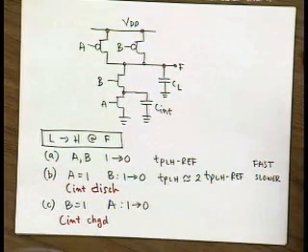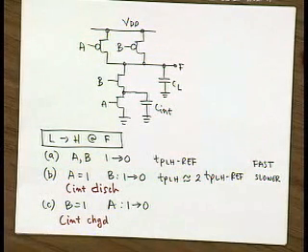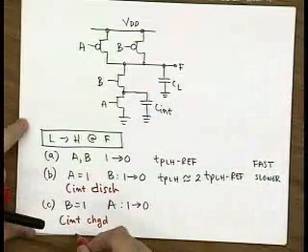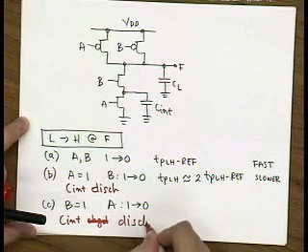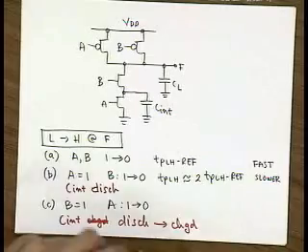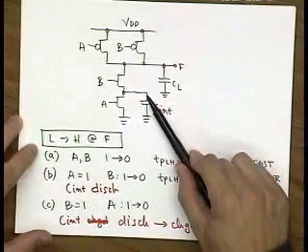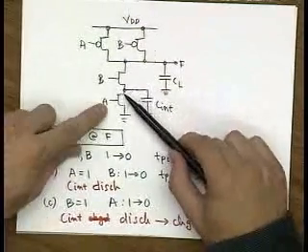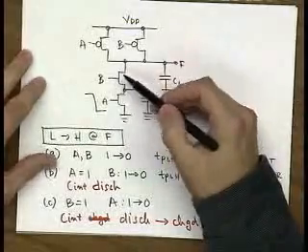Let's figure out what's going to be the worst case over here. When B is equal to 1, C intrinsic is going from discharged to charged, right? Because when A was equal to 1, then initially this capacitor is discharged. Does that make sense?